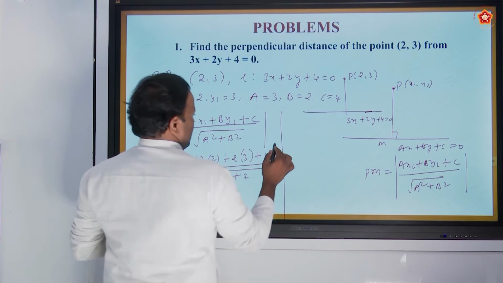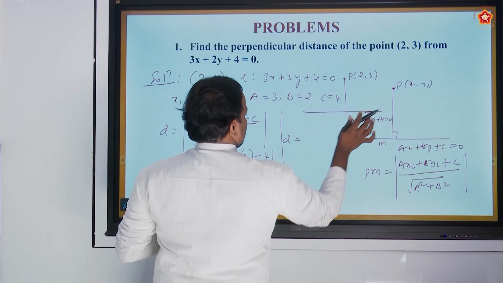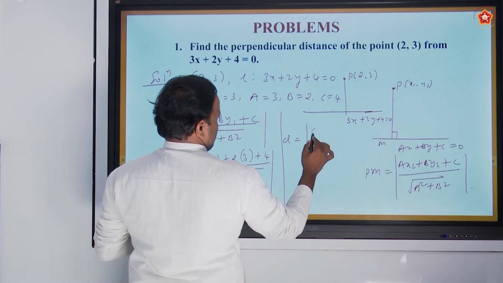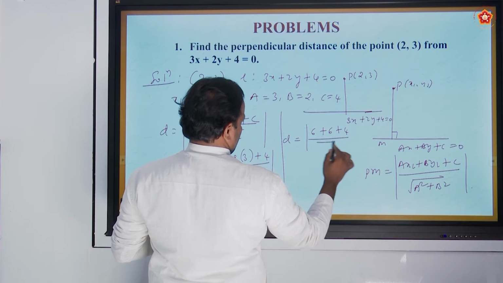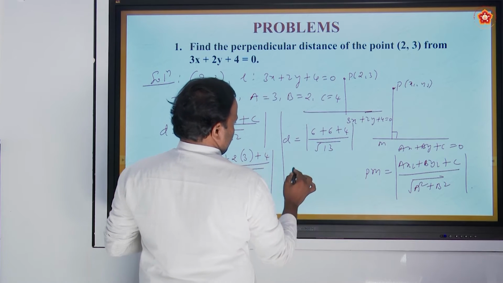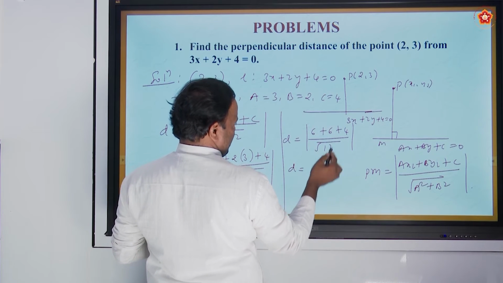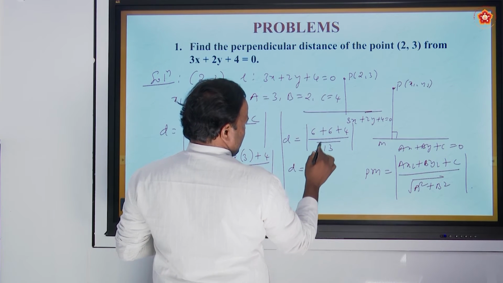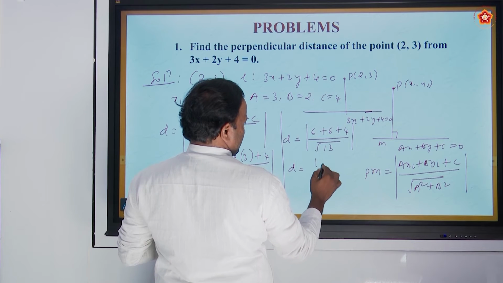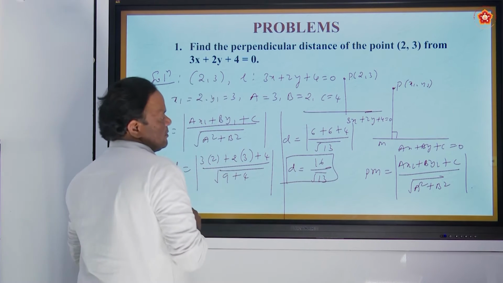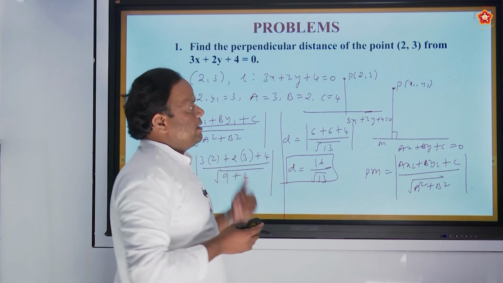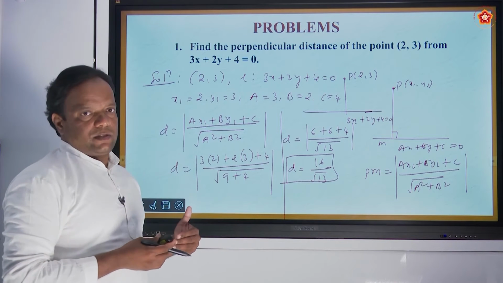Simplification: D equal to 3 twos are 6 plus 2 threes are 6 plus 4, divided by root of 9 plus 4, which is 13. For the final answer, remove the mod. Here it is positive. 6 plus 6 is 12, plus 4 is 16, so 16 by root 13. This is the distance between the point (2, 3) and the line 3x plus 2y plus 4 equal to 0.